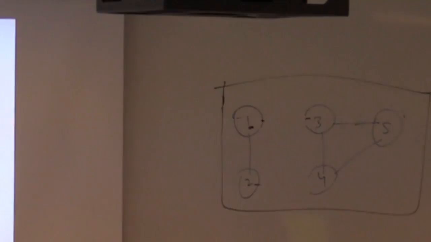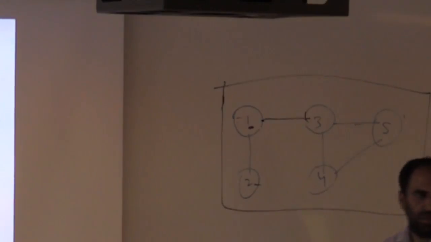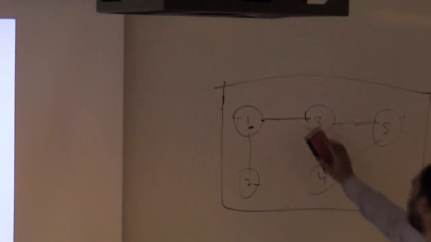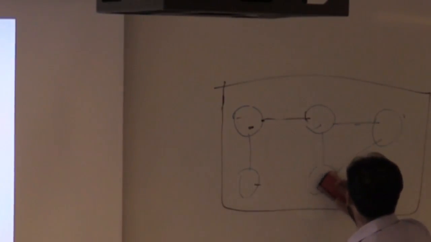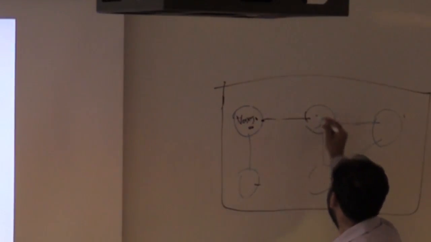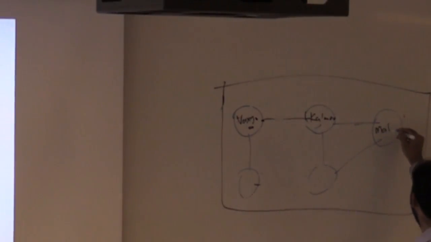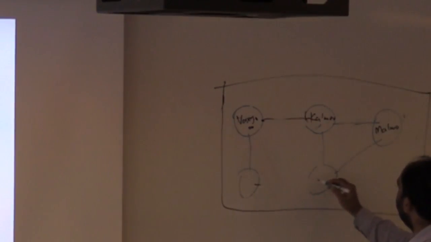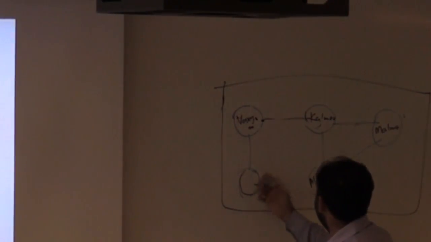But sometimes we have some information related to the edges as well. For example, if the nodes here are different cities, let's say this is Växjö, then we have Kalmar, and then Malmö, maybe Alvesta, and also Gothenburg.